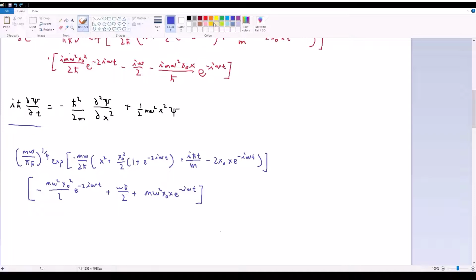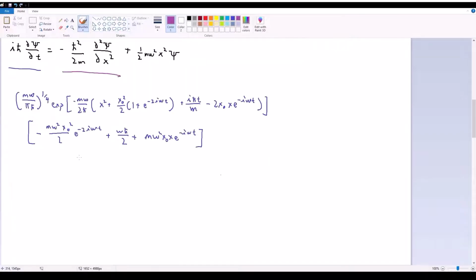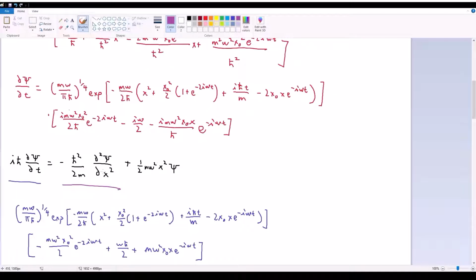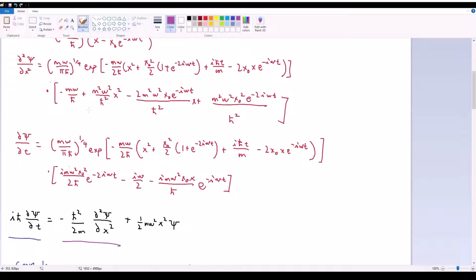Okay, so starting with this first expression, which I'm going to write in purple. So negative h bar squared over 2m times the second derivative of psi with respect to x is going to equal, let's see, I'm going to absorb the negative term into the parentheses over here.